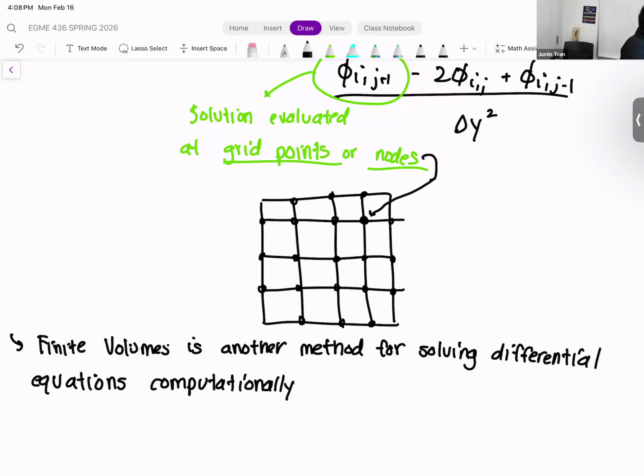The biggest difference with finite volumes is that, instead of focusing on the grid points in your mesh or your grid, we're instead going to be focusing on the cells or the elements per se.